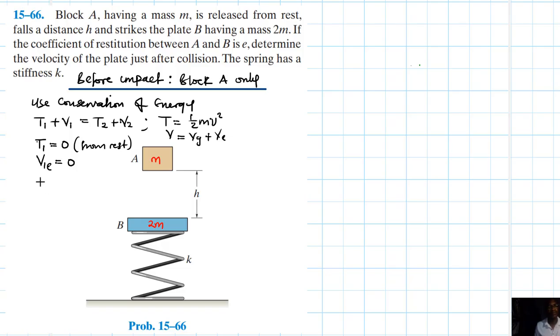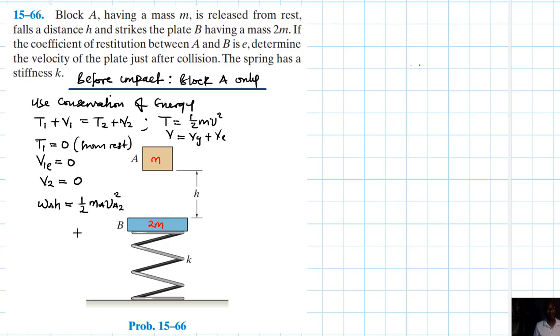Then we do have V2 equal to 0. So what do we remain with? We only have W_A h, and this is just going to be equal to half m_A v_A2 squared.